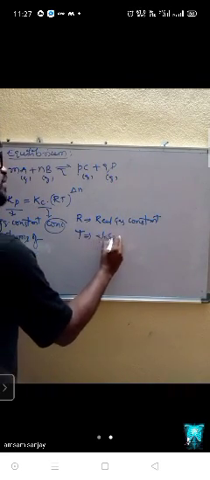Kc is in terms of concentration, equilibrium constant in terms of concentration. R means what? Already we have done: real gas constant. T means what? Absolute temperature.